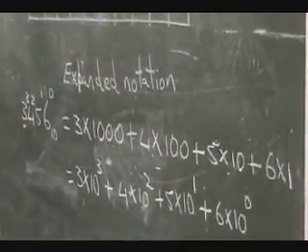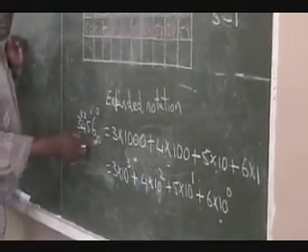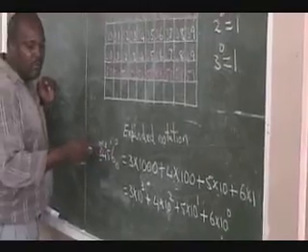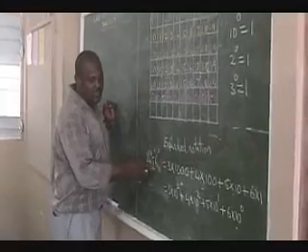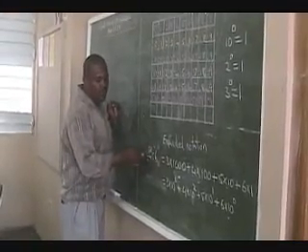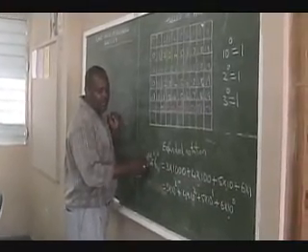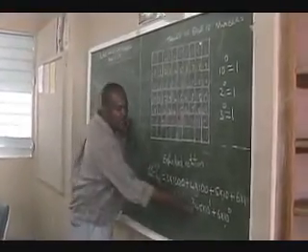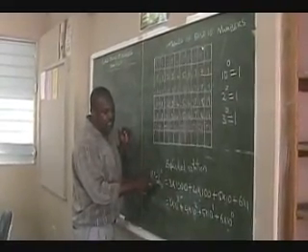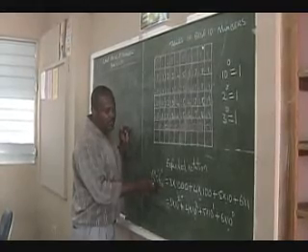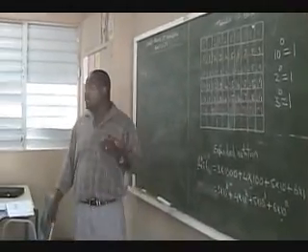It would be 3 times the base to this power. Here would be 4 times the base to the power of 2, as in this case. Here would be 5 times the base to the power of 1. And here is 6 times the base to the power of 0. And you could recall any number to the power of 0 is equal to 1.